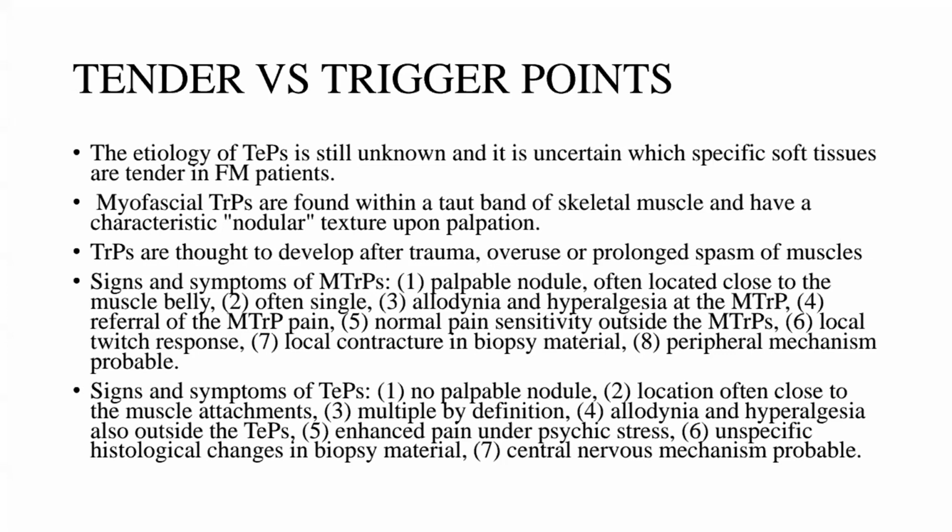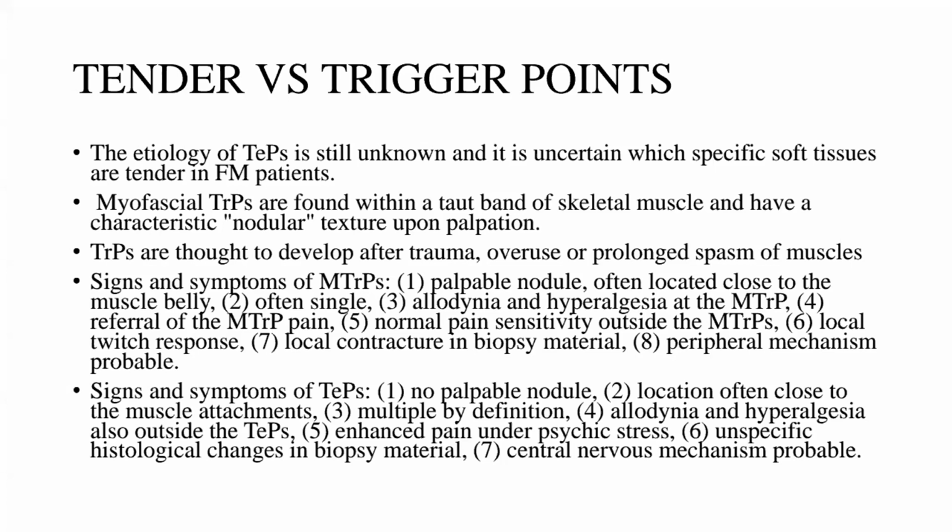Commonly when a dry needle is put into the trigger point, the twitch is easily visible, along with contractions, and local contracture in biopsy material. There are probably peripheral mechanisms in myofascial trigger points also.